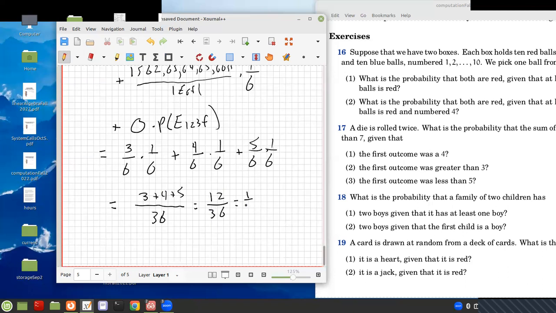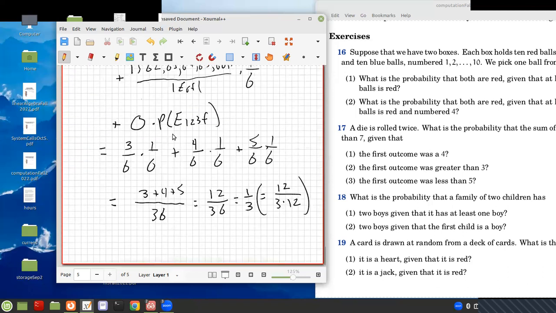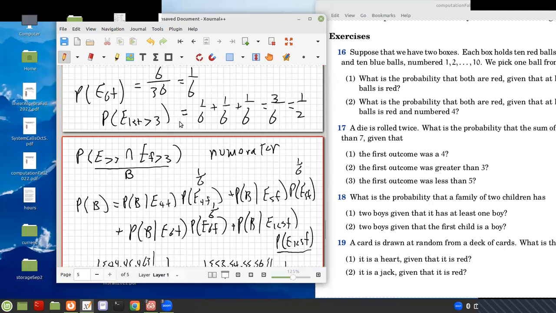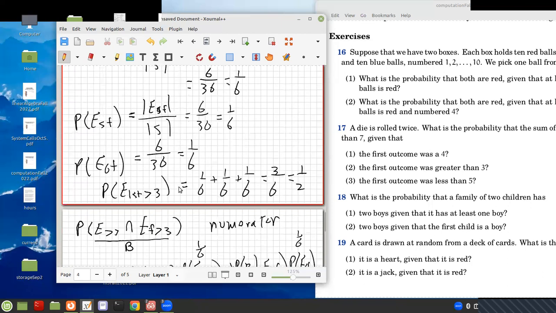So this is going to be 1/3, because I can divide out both numerator and denominator by 12, which equals 12 over 3 times 12. Okay, so after this laborious procedure, the numerator is 1/3 here, and the denominator was 1/2.